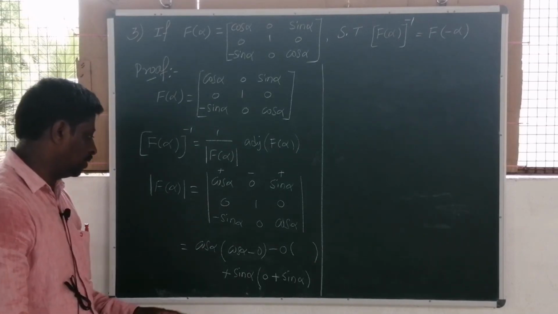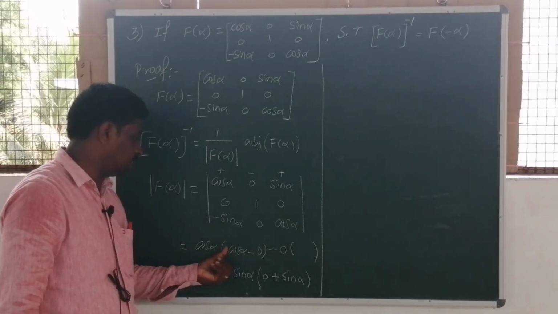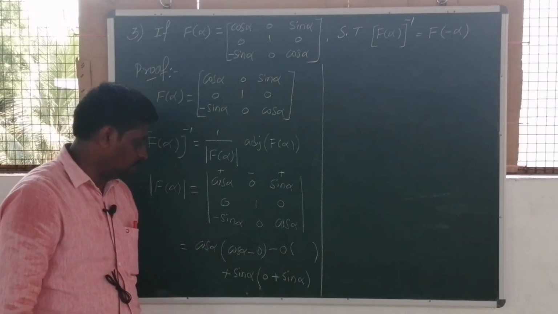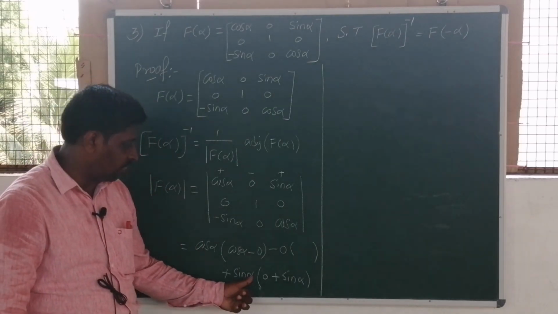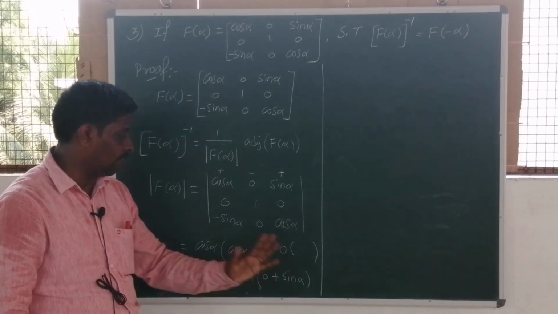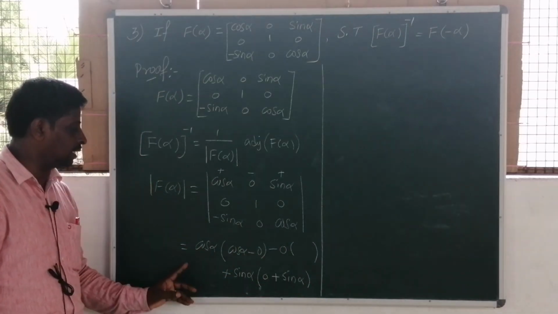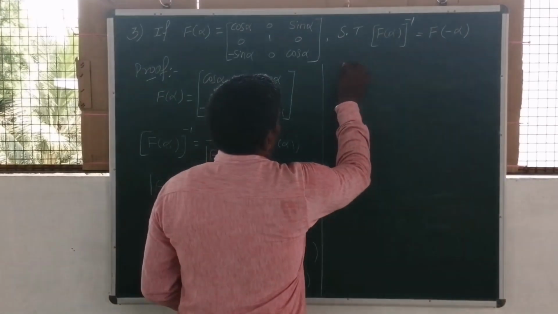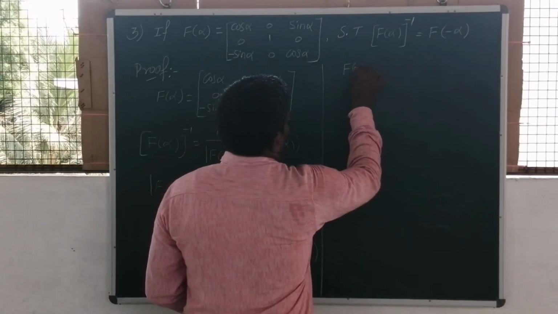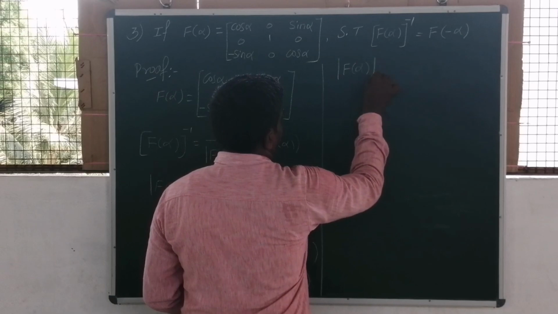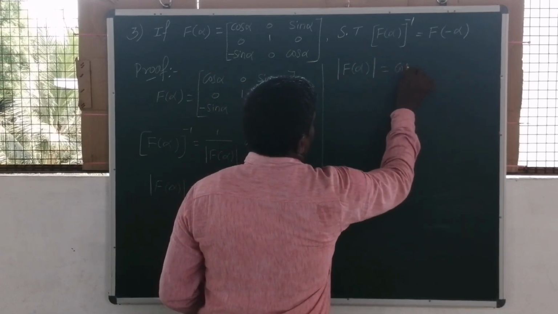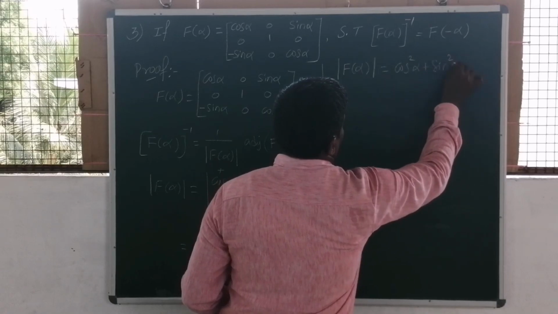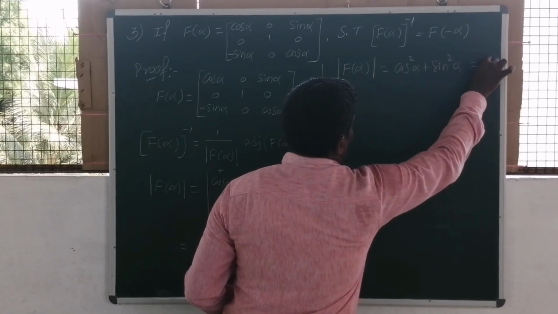Multiplying the values, we get cos alpha into cos alpha, that is cos squared alpha, the second term is fully 0, then the third term is sin alpha into sin alpha, that is sin squared alpha. So the determinant of f of alpha is cos squared alpha plus sin squared alpha, whose value is 1.